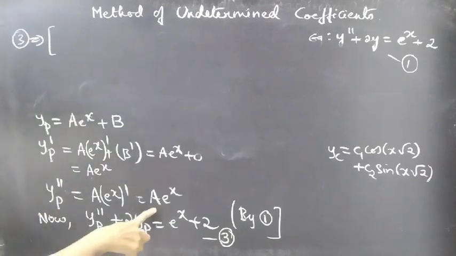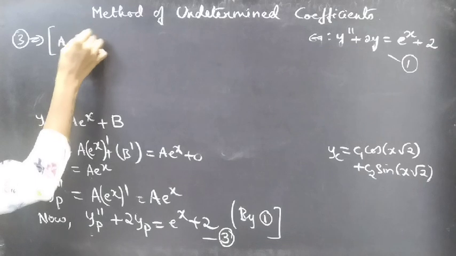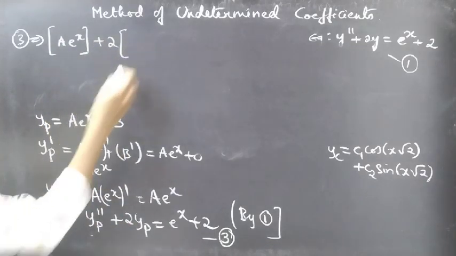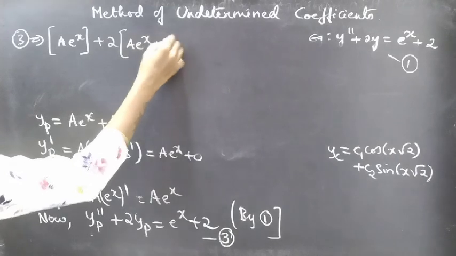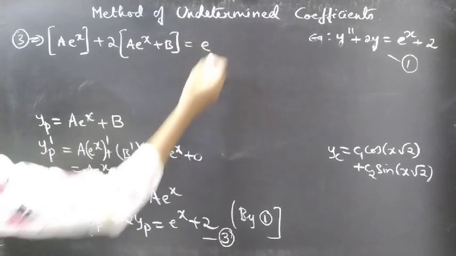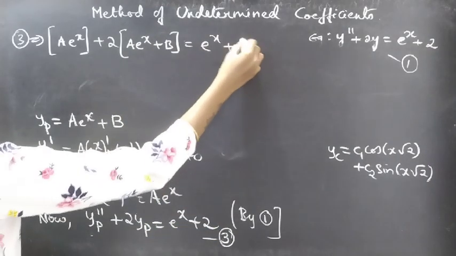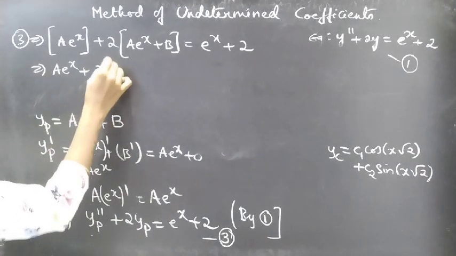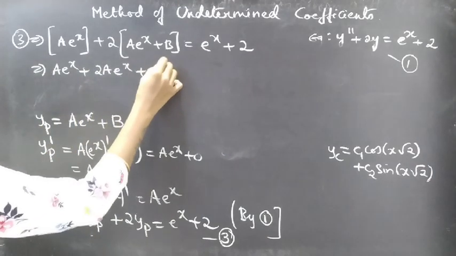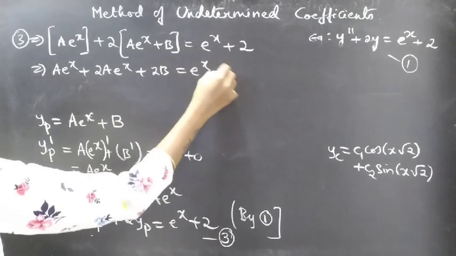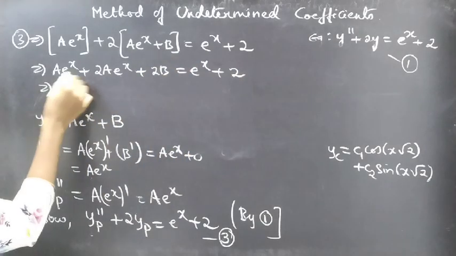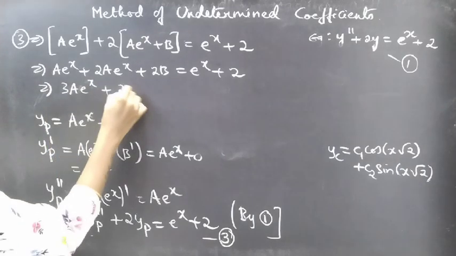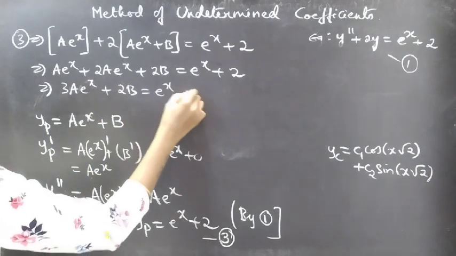Now this equation 3 becomes, substituting yp double dash, which is a e power x, plus 2 into yp, a e power x plus b, equal to e power x plus 2, which gives us a e power x plus 2a e power x plus 2b equal to e power x plus 2. a e power x plus 2a e power x is 3a e power x, so 3a e power x plus 2b equal to e power x plus 2.